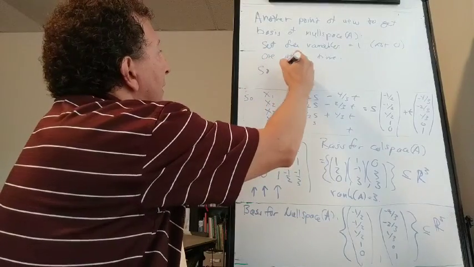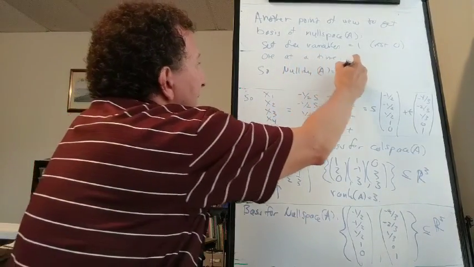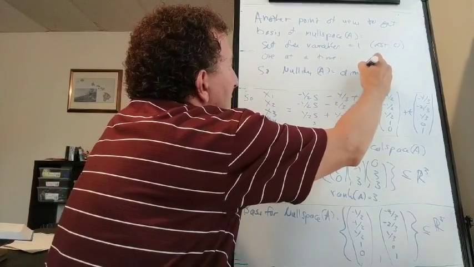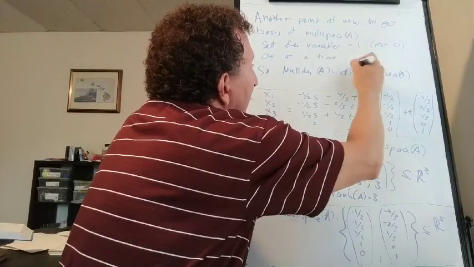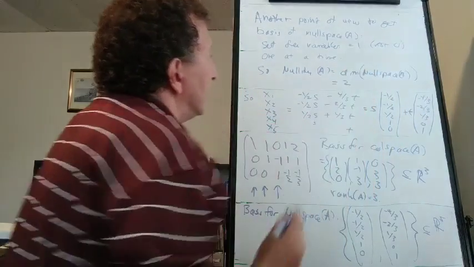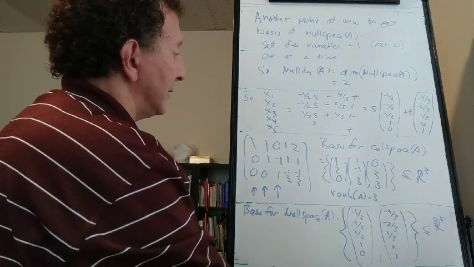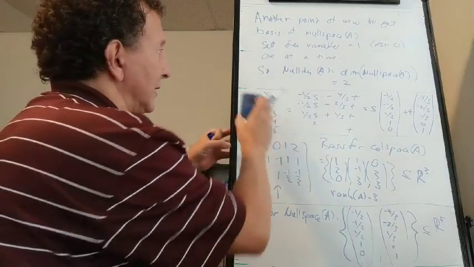So nullity of A equals the dimension of the null space of A, which is 2. And the rank of A is the dimension of the column space, which is 3 here.